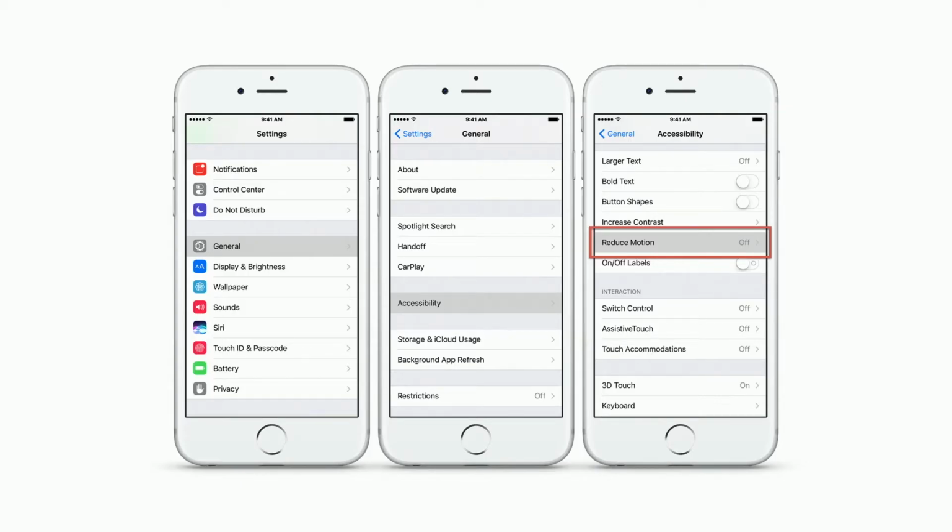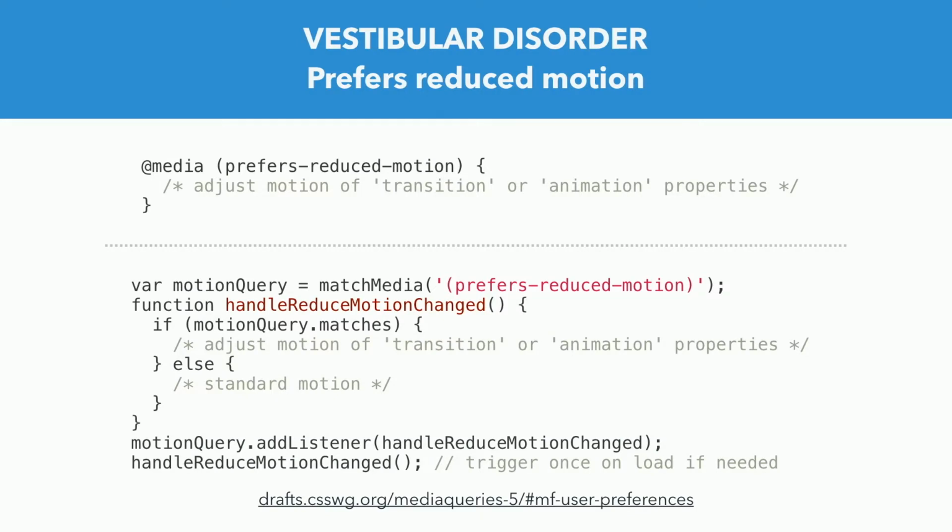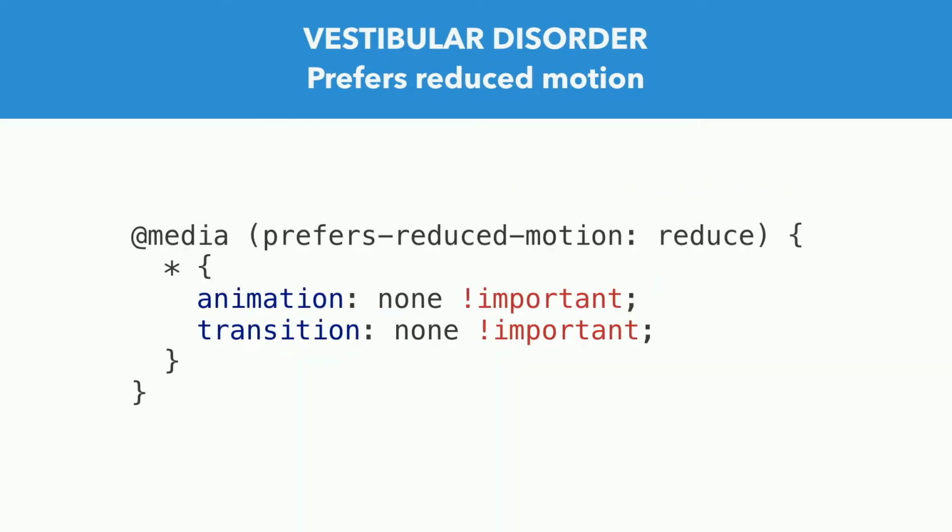On iOS and on macOS, you've got this one setting that is called reduced motion, which is then available in your CSS and in your JavaScript, which means that you can adjust your product to not fly in and to not animate everything. And fixing this can be as easy as that, right?